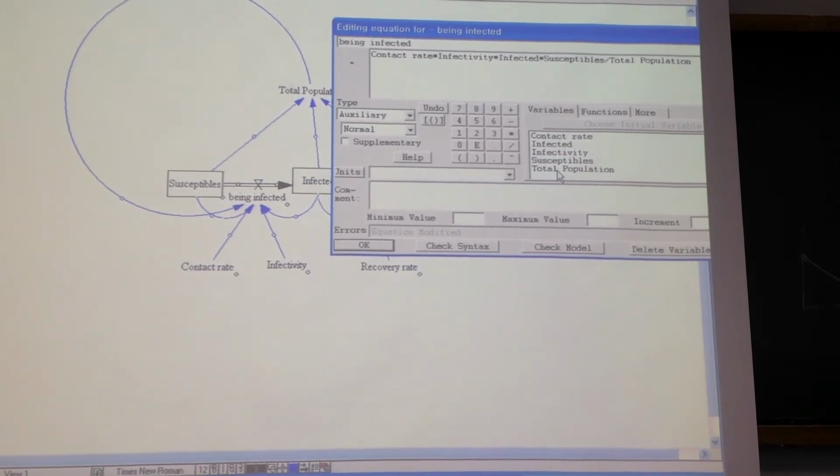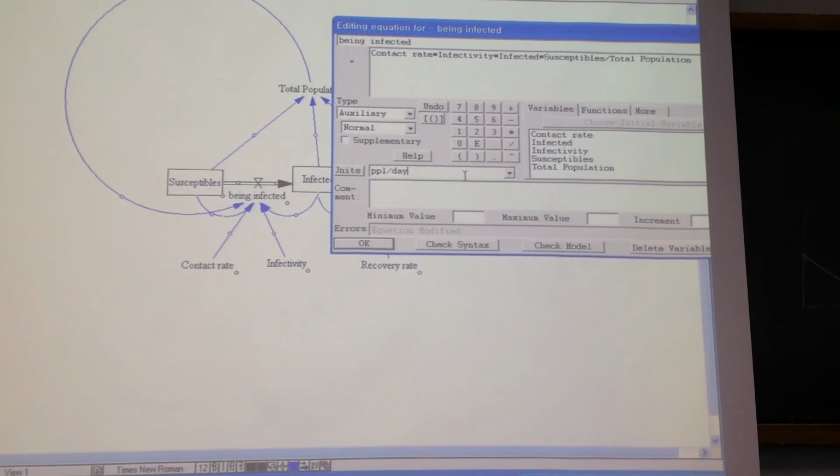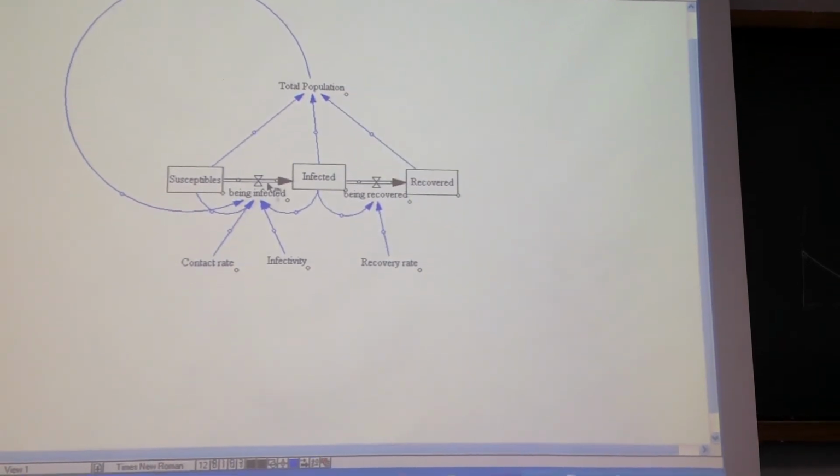That's beta alpha I S divided by N. That's what I have here. And the unit is people per, say, day. I say okay. So I specified this.